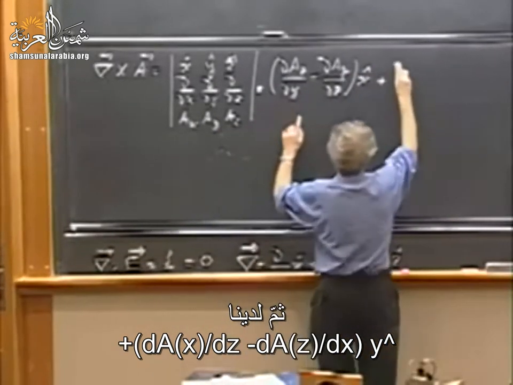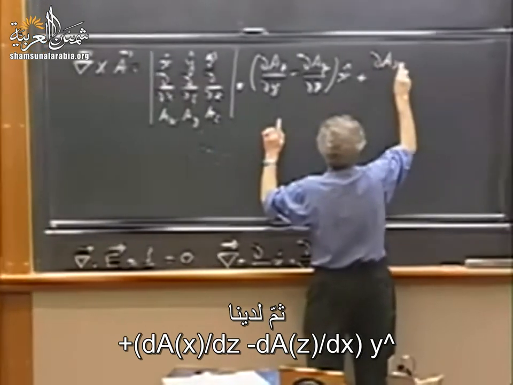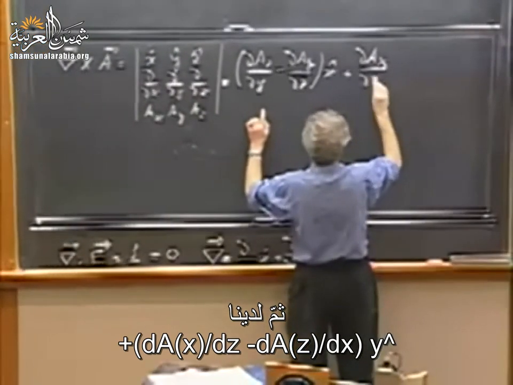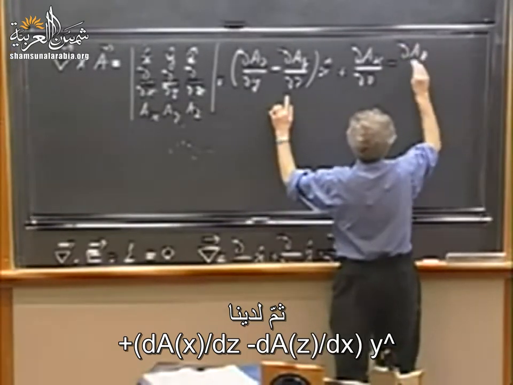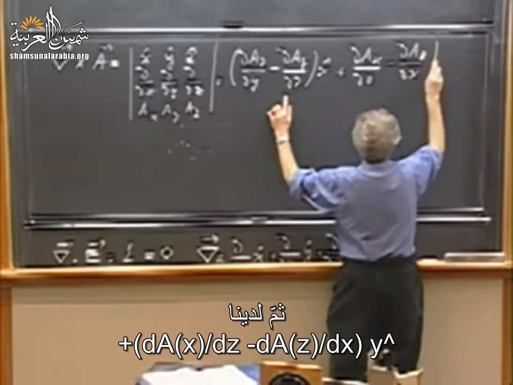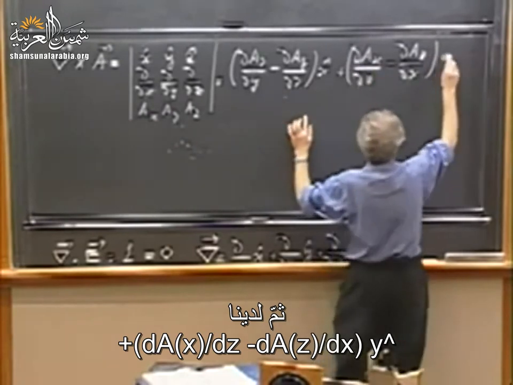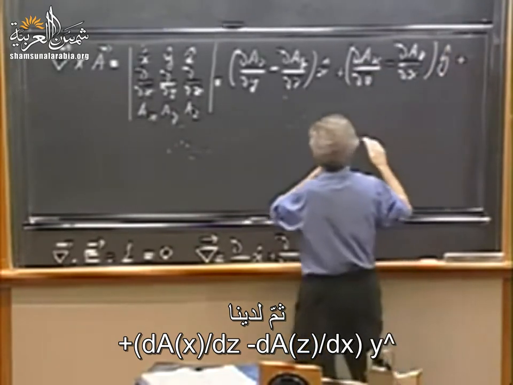And then you get dax dz minus daz dx. That is in the y direction.